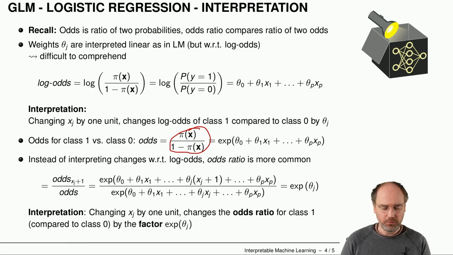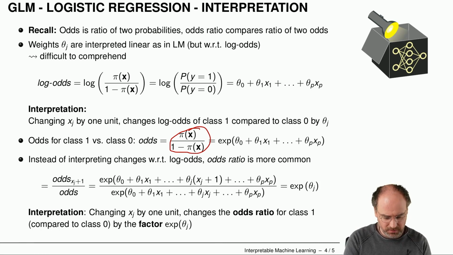If we are interested in what happens if we increase a given feature under consideration, xj, by 1 unit, we can compare how these odds change, in terms of a multiplicative factor, because this works nicely with the exp of linear score structure.